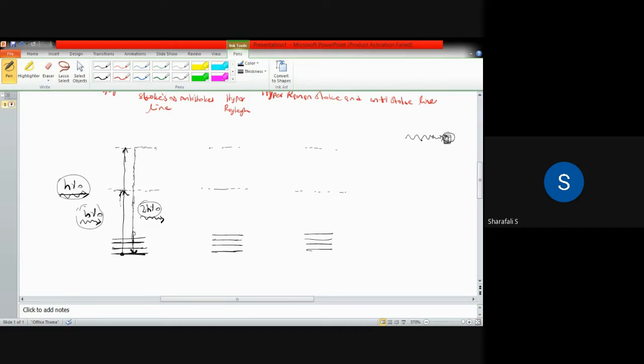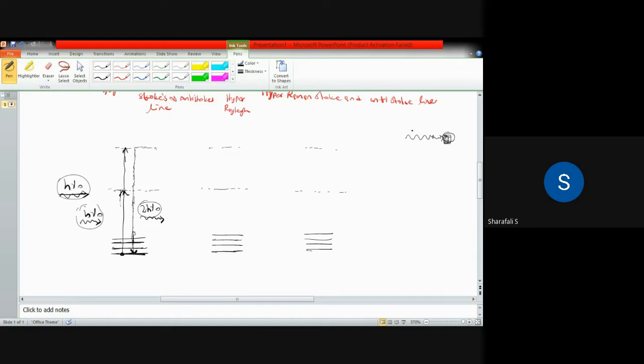Okay, so when one photon comes and interacts with this particular molecule, it can be absorbed by any of those vibrational or rotational motions or associated branches of this molecule, and it will go to the excited state. If your intensity is low, the interaction of the number of photons with the sample will be less.